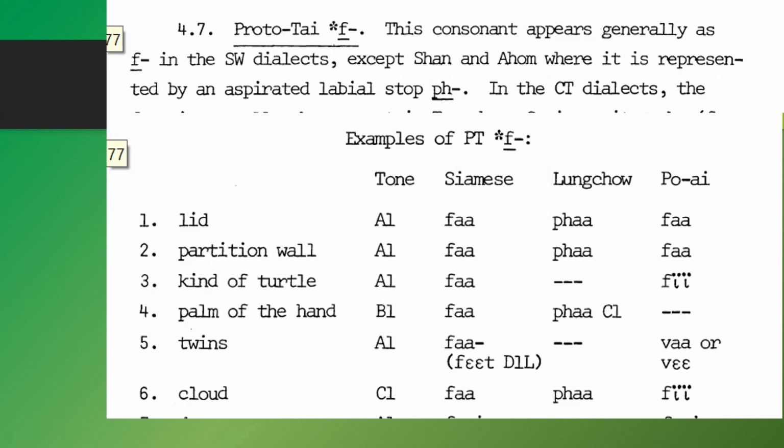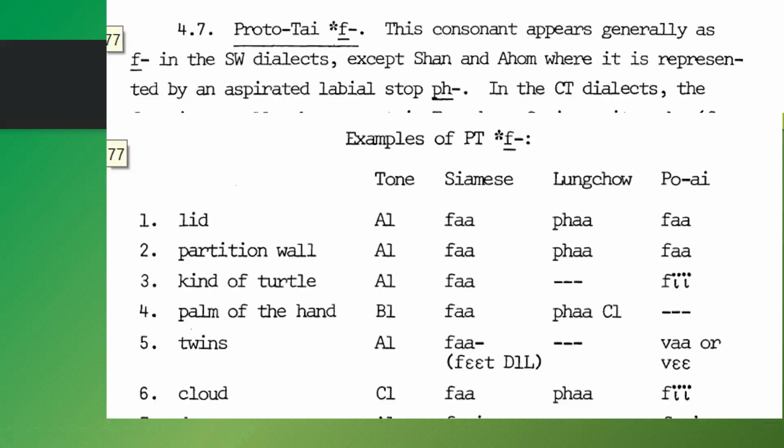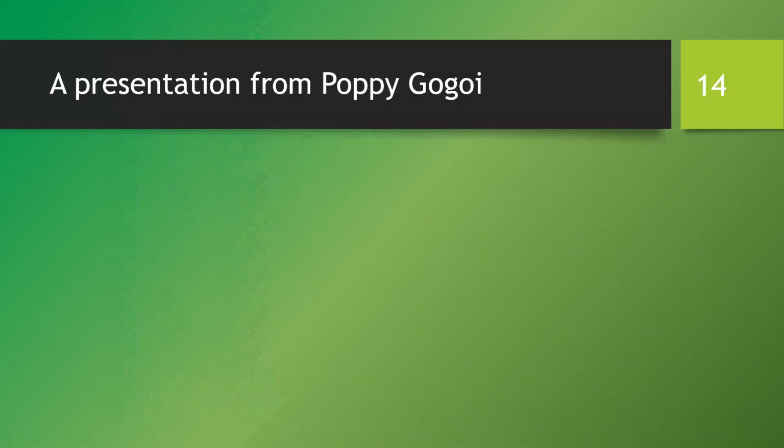Now, if we were to look in Tai Ahom manuscripts and find a different symbol regularly written for this group of words, the ones which are shown with initial F, from this group of words, the ones which are shown with initial PH, then we could conclude that this was a representation of a stage in the history of the language. Okay, I now want to shift and play a recording that Poppy Gogoi made this afternoon so that we can hear about her recent research on this topic.